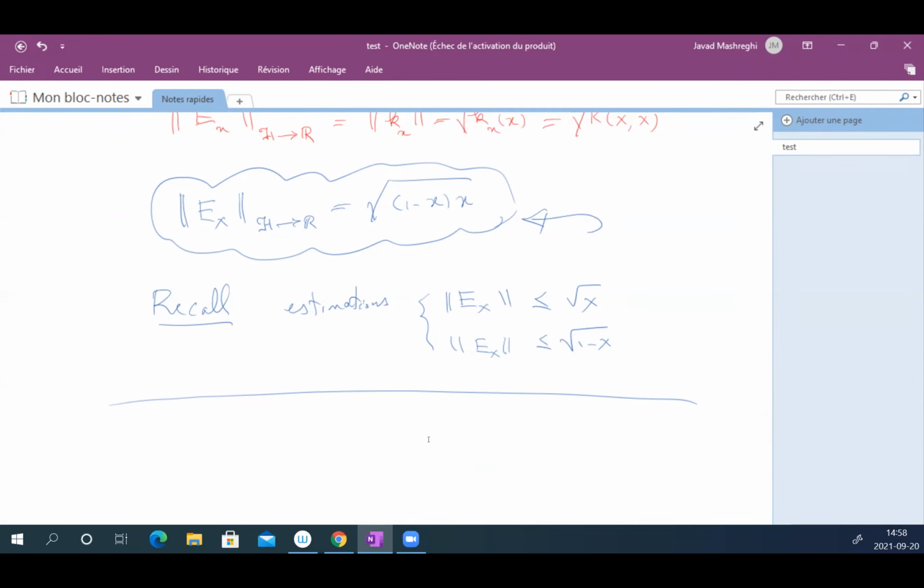Is there some other easy way to say this? Yes, in my notes, and somehow it's mentioned in the book of Vern Paulsen, I mentioned another second method to find the kernel without using the distribution theory.